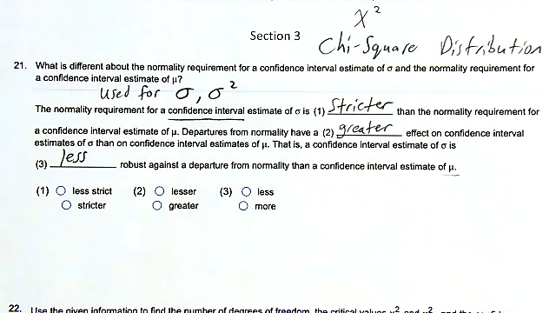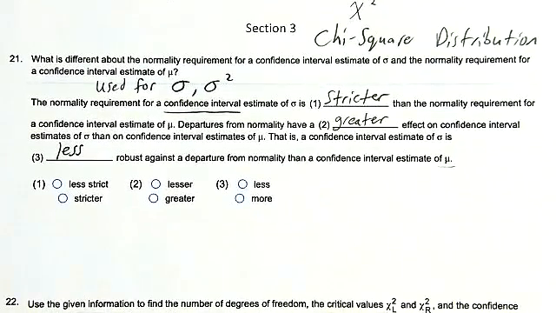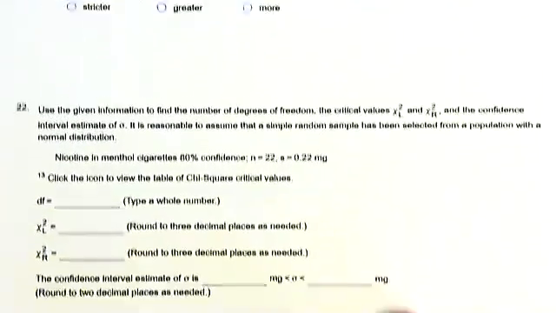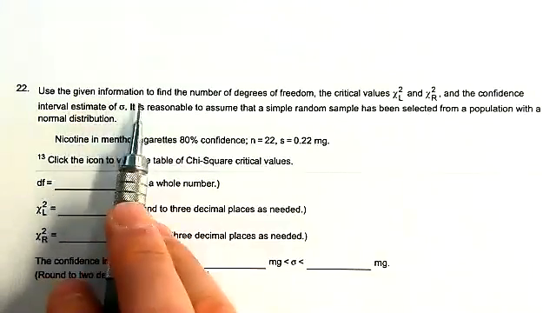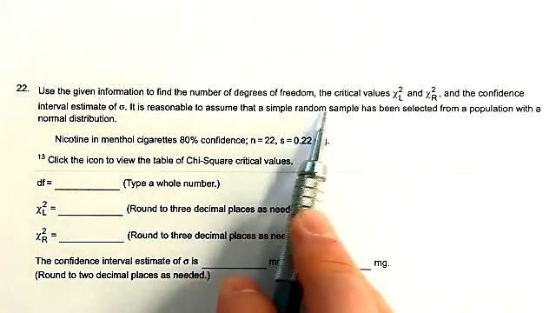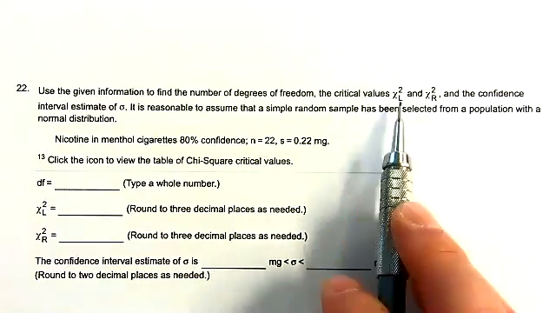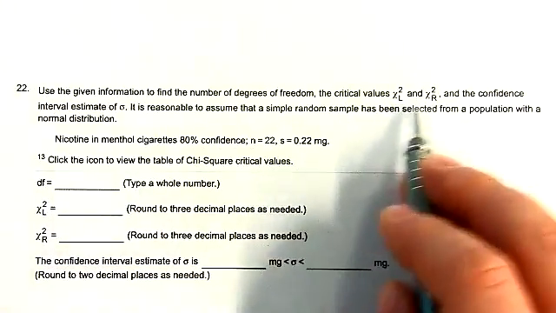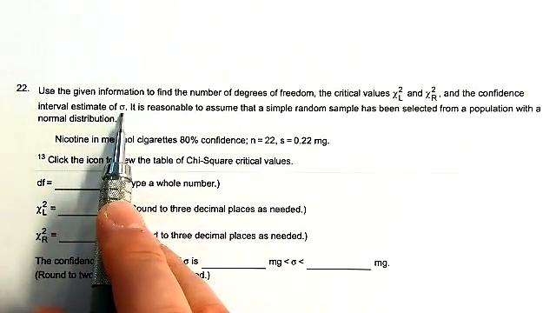Okay, so let's look at 22. In this one, we'll actually do some computations using this new curve. It says, use the given information to find the number of degrees of freedom, the critical values chi-squared left and chi-squared right, which I'll explain in a minute, and the confidence interval estimate of the standard deviation.